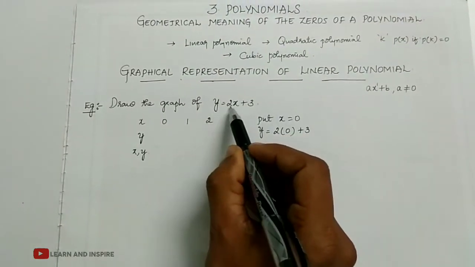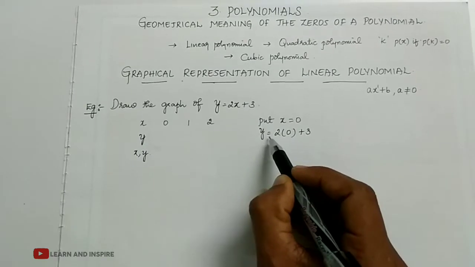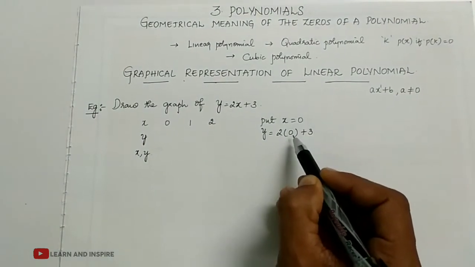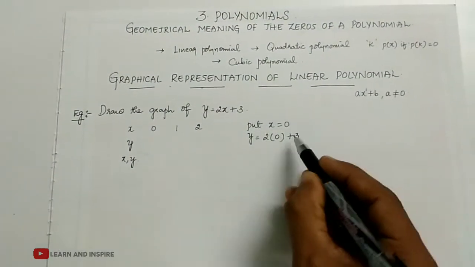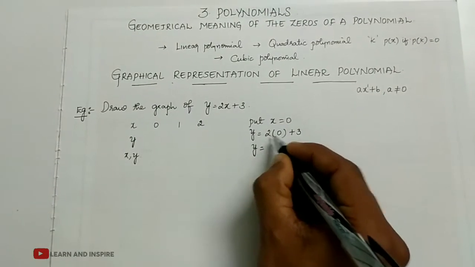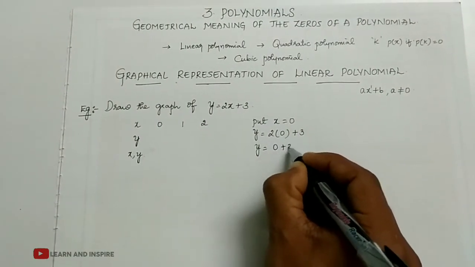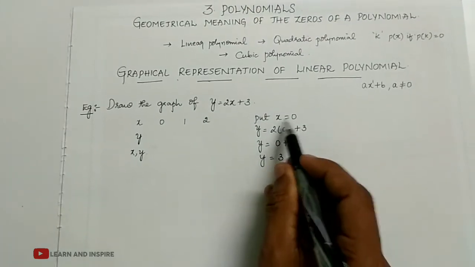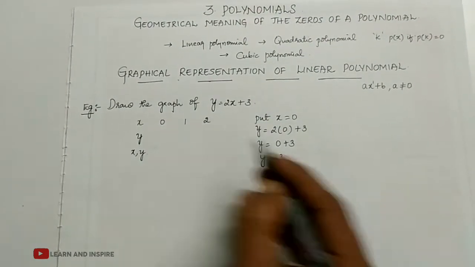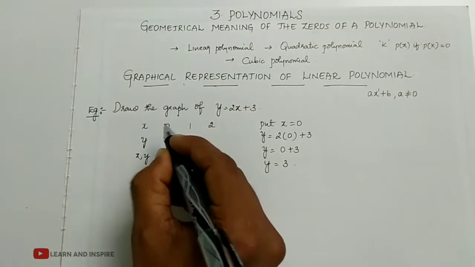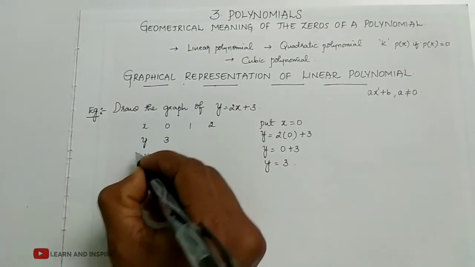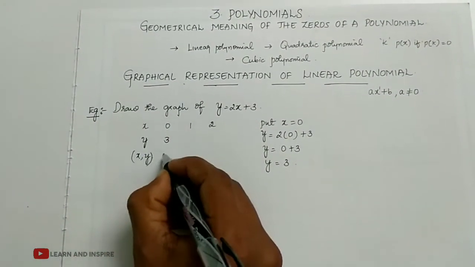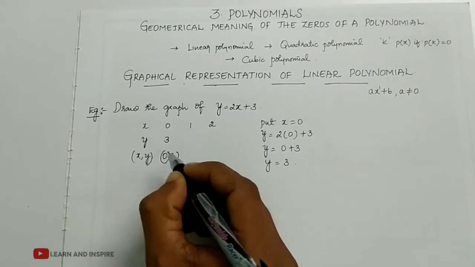In place of x we substitute 0, so y equals 0 plus 3, y equals 3. If x equals 0, then y is 3. The coordinates x comma y are 0 comma 3.